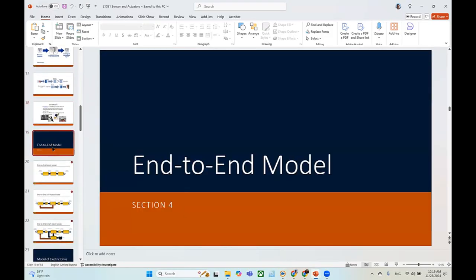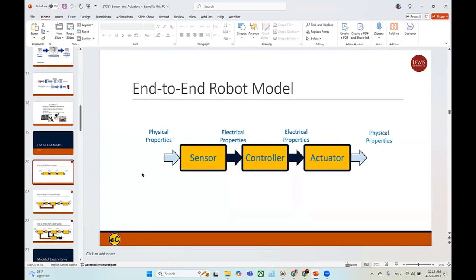Now you need to build an end-to-end model. End-to-end model means from the physical property to the sensor to the controller, then back to the actuator, which releases the physical property control signal. This we call the end-to-end model. In your cell phone, from the transmit side to the receiver side, the whole signal process is also called an end-to-end signal model.